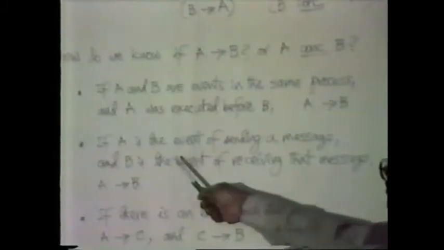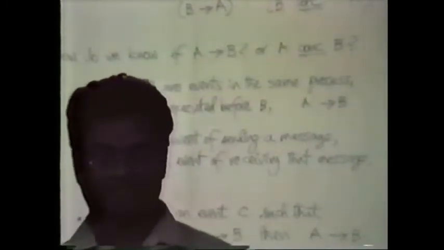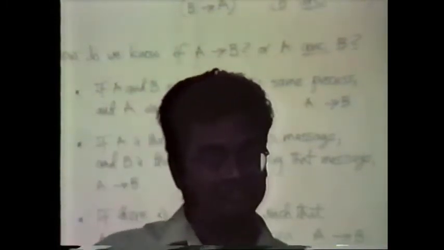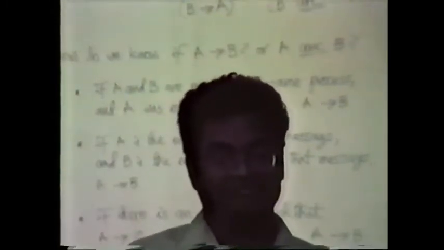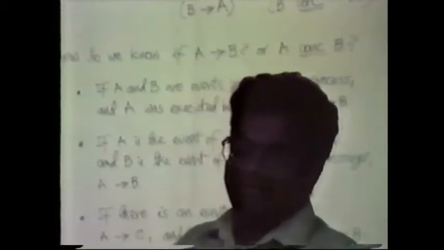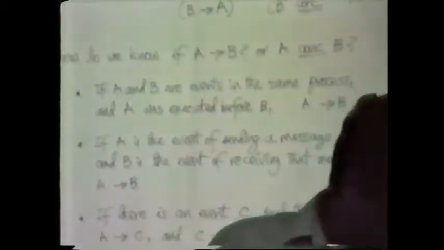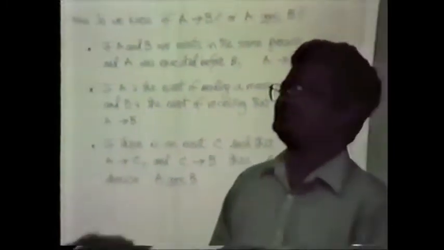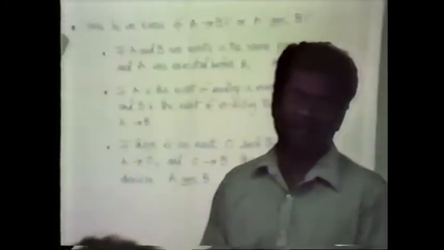On the other hand, suppose A is the event of sending something from a certain process. Then B, suppose, is the event of receiving that message, and that is important, that message which was sent. I think now you agree that we should have something relating to physics here that should be valid.